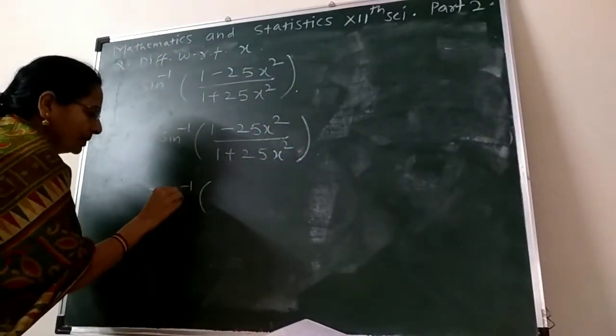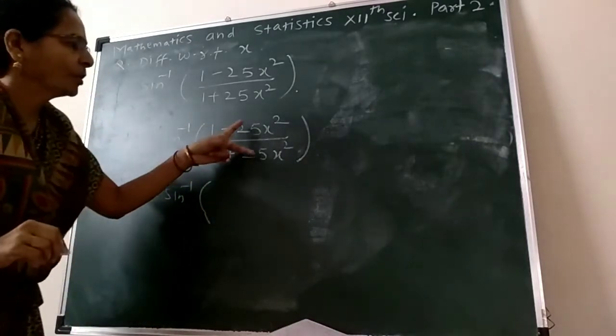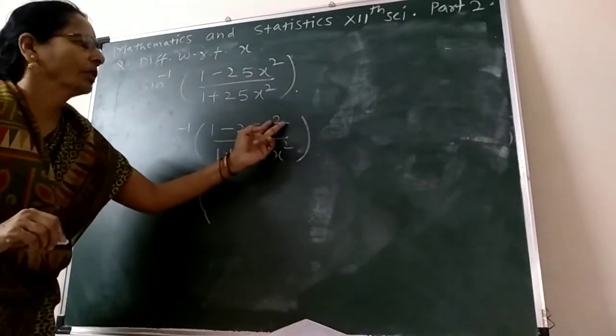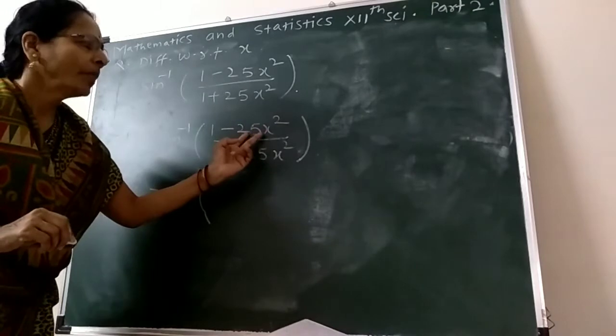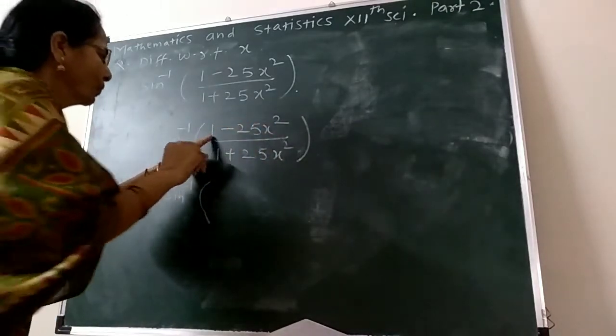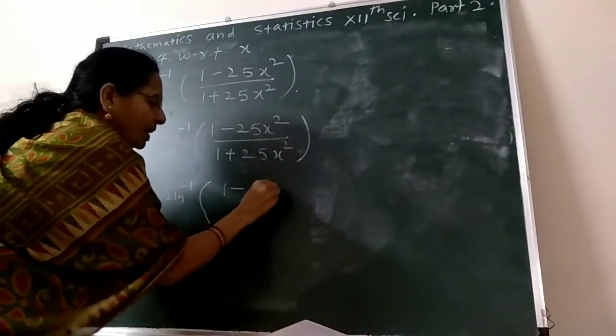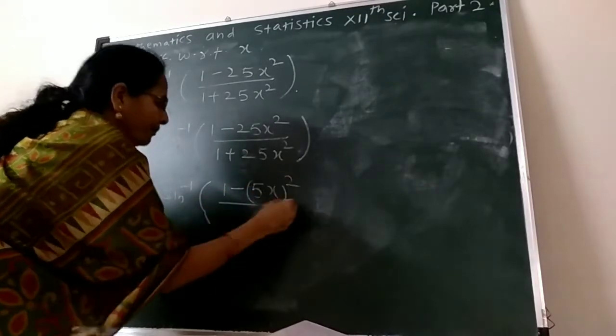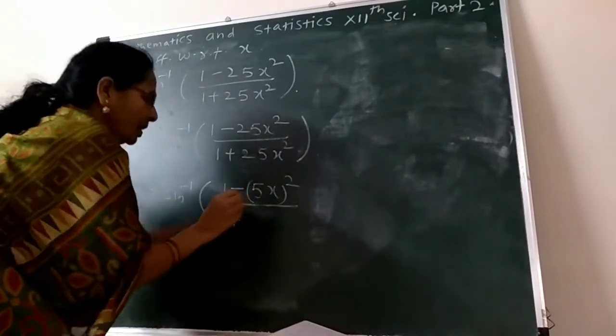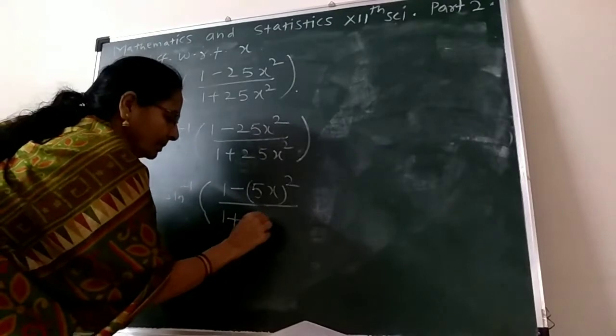In such types of problems, this 25x square is written in the form of 5x bracket square. So 1 minus 5x bracket square upon 1 plus 5x bracket square.